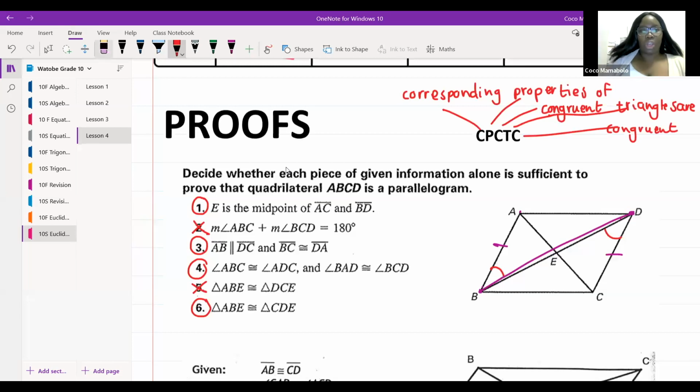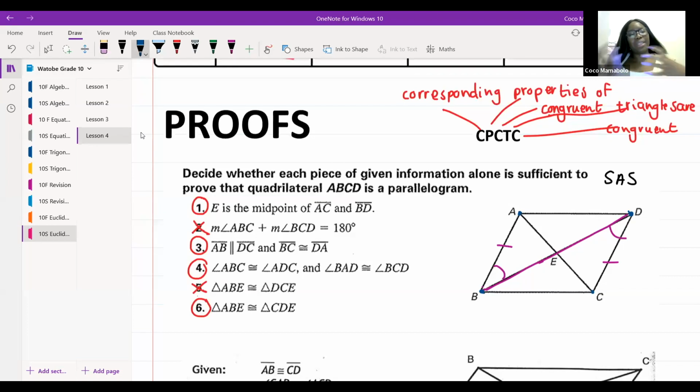So what this is actually telling me, guys, is let's say for instance, I use the side angle side proof to prove that these two triangles are congruent. If I use side angle side and I use side angle side, that's SAS. Because I know that these two triangles are congruent, what does this tell me about AD and BC?